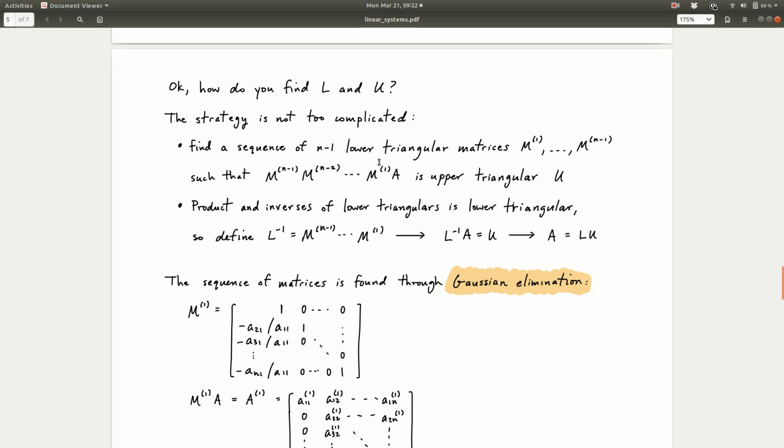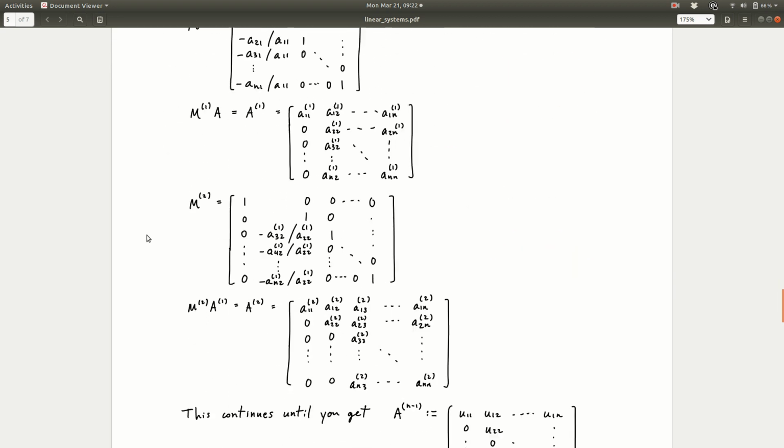This is true because we define A1 as M1 times A, and then we multiplied A1 by M2, and so on, and built everything up. The next step is to figure out what the inverse of the product of these matrices is. So the product defines L inverse, and we have to get the inverse of L inverse, which is L, and use that on the right-hand side. Okay, so that's the next step.